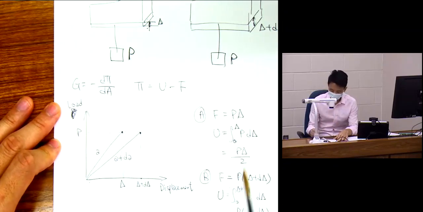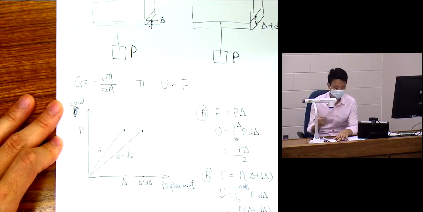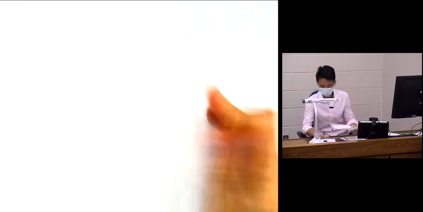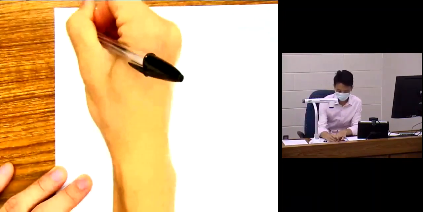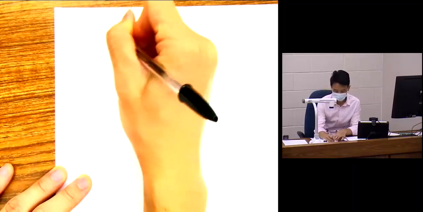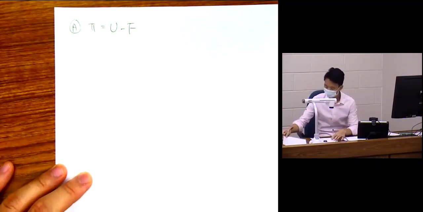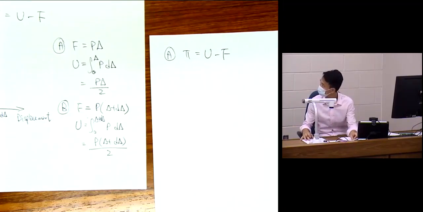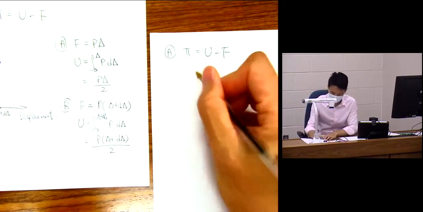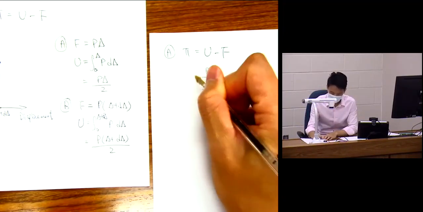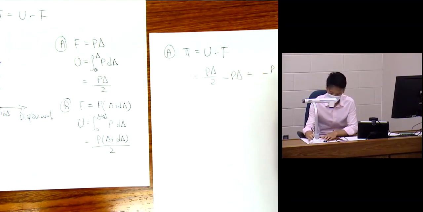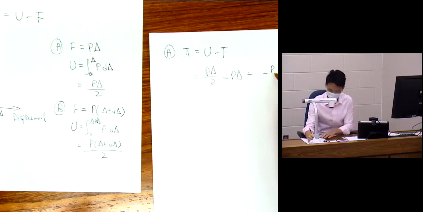Right? So U minus F, now we need to go to this, right? What is the pi for both? Again, configuration A, what is pi? Pi is U minus F for A. It is simply P delta over 2 minus P delta, that is minus P delta over 2.